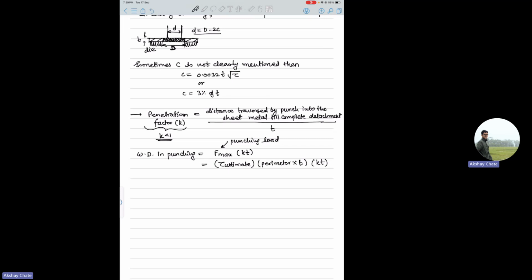So perimeter depends on what kind of punch you want. If it is a circular one, you'll have pi d as the perimeter. If it's a square, you'll have 4a or something like that.